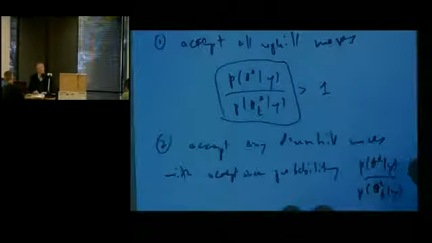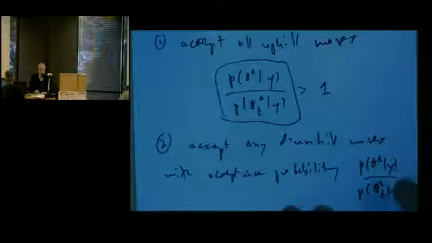Now we're going to accept all downhill moves with acceptance probability given by P of theta star given y over P of theta star t given y. In other words, if it's almost not a downhill move, if this ratio is very close to 1, then you're going to accept it with high probability. But if this ratio is very small, as would occur if you're proposing a move way out into the tails, for example, then that's not going to be accepted very often, nor should it be, because it's way out in the tails.